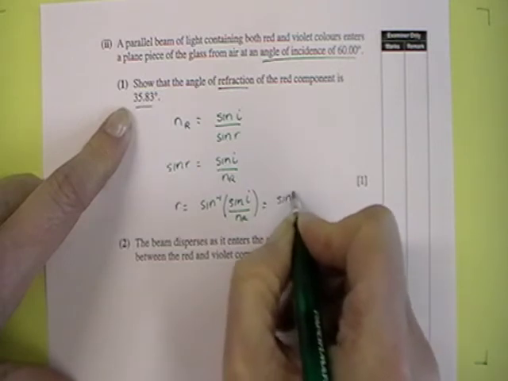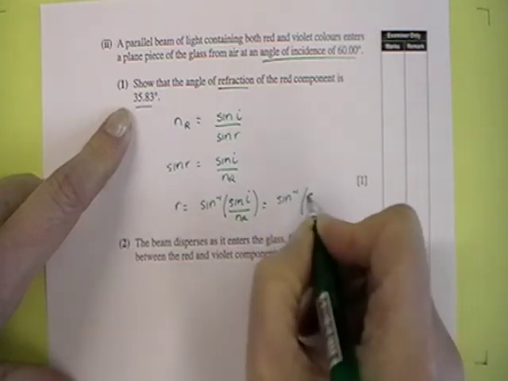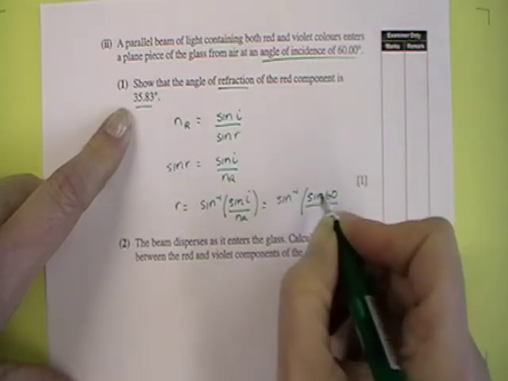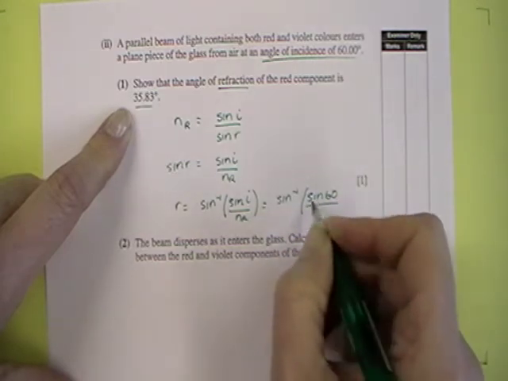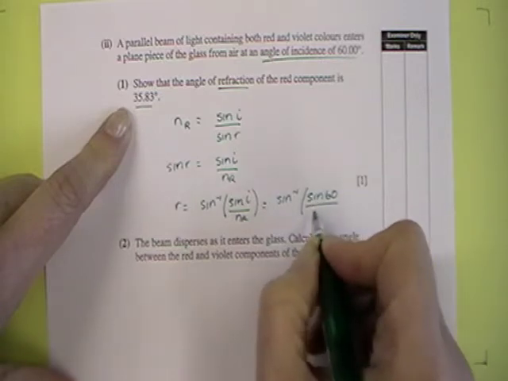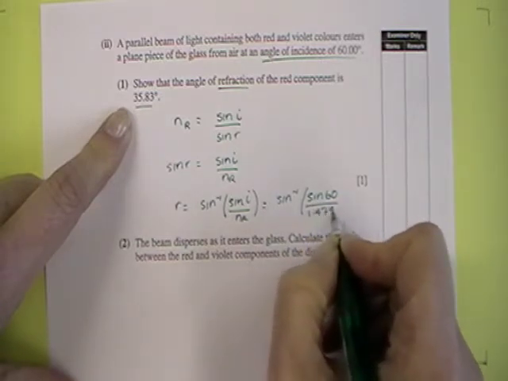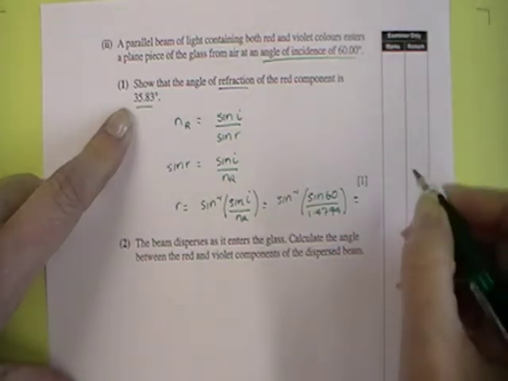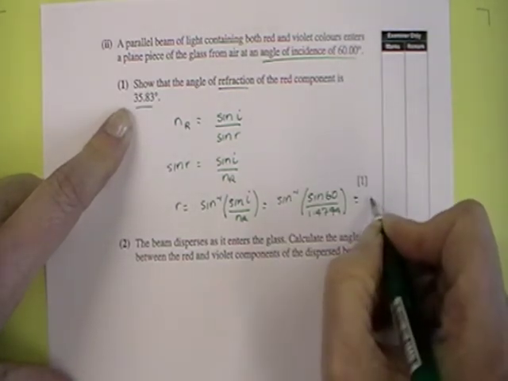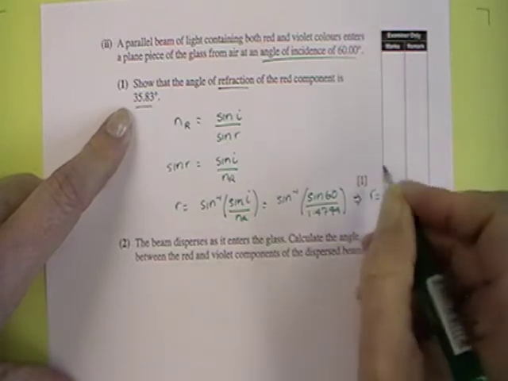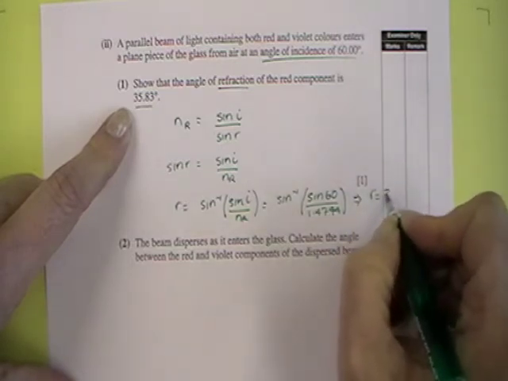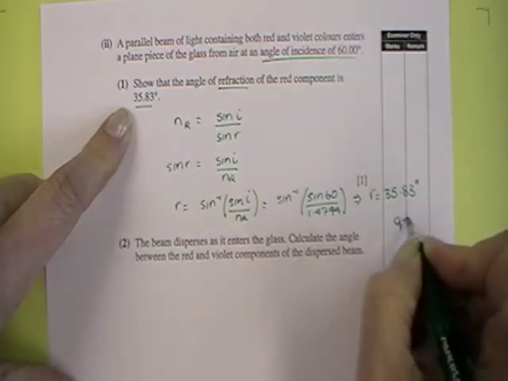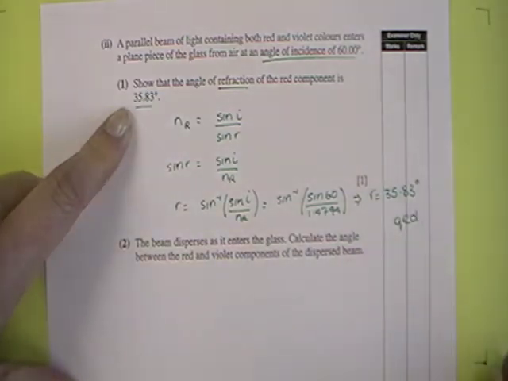So it's the inverse sine of sine of 60 divided by the refractive index for the red light, which is 1.4794. And when we work all that out, we can find that r is equal to 35.83 degrees, QED.